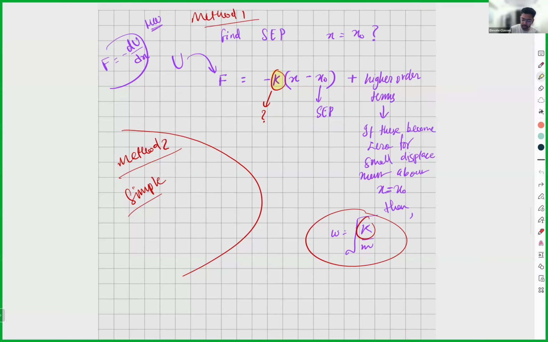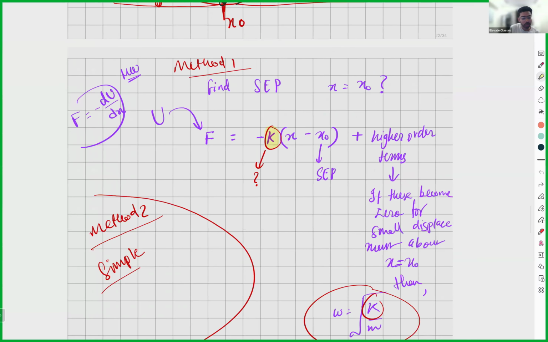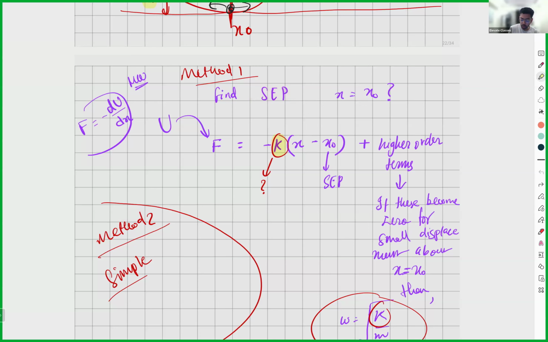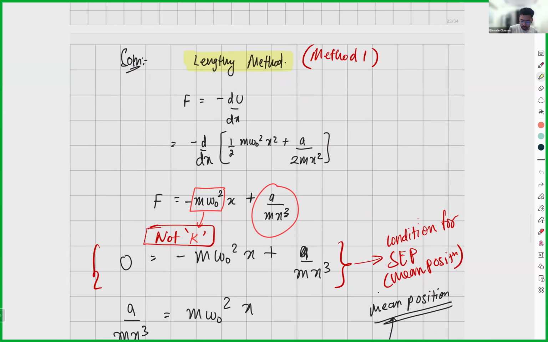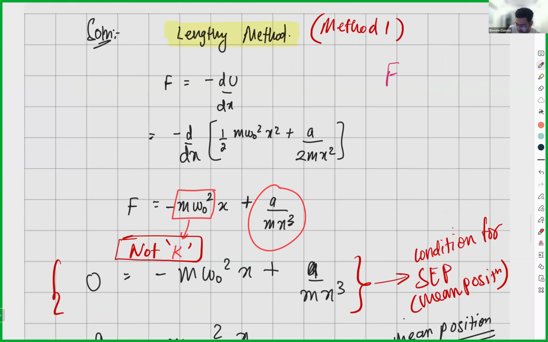What you do is you find the stable equilibrium point first. Let us see how we do it. So our aim is to get F equals to some minus k times x. ठीक है, ये हमारा aim है. This is our aim for small oscillation.